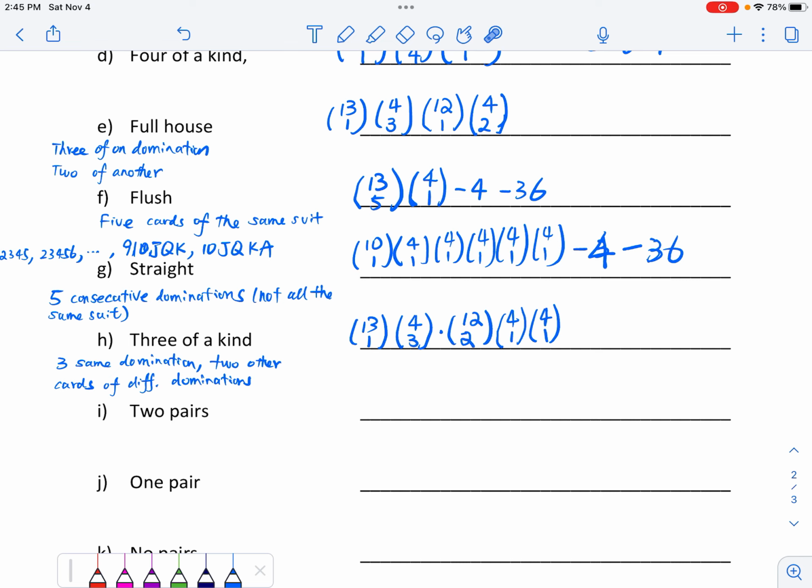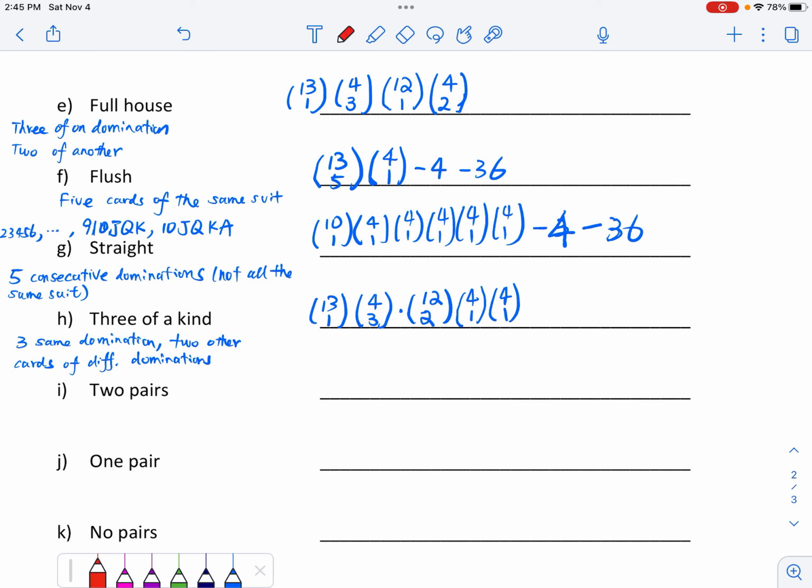Now I'm going to show a possible error here. Some students may think, okay, the first step, I'll pick 1 denomination for my 3 cards of the same denomination. So 13 choose 1, and then 4 suits, choose 3, right? And second step, repeat the same. From the remaining 12, I'll pick 1 and then 4 choose 1, because I need 2 different denominations.